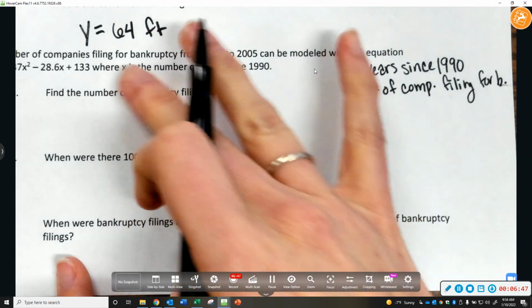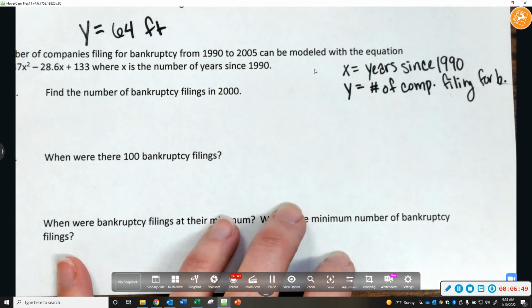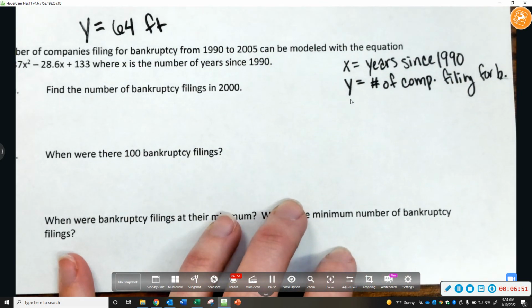I can look up here if I really need to, but just a little helpful hint, because then I know, am I asking for the x? Am I asking for the y?